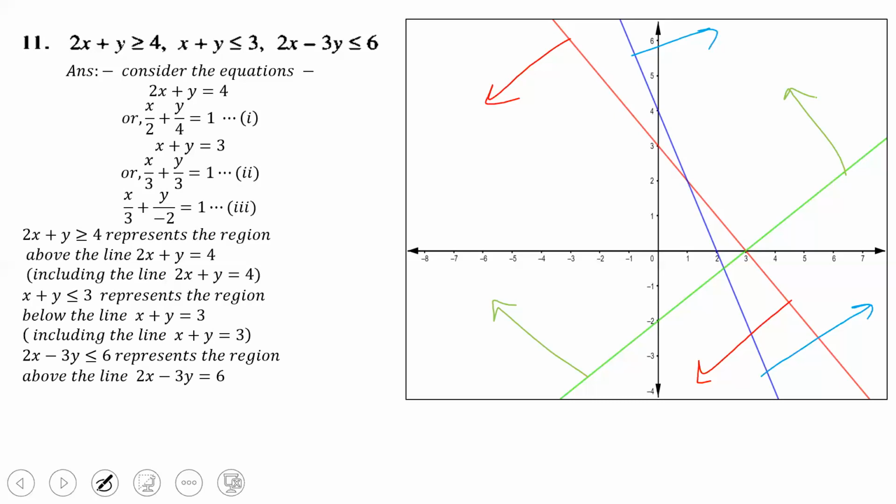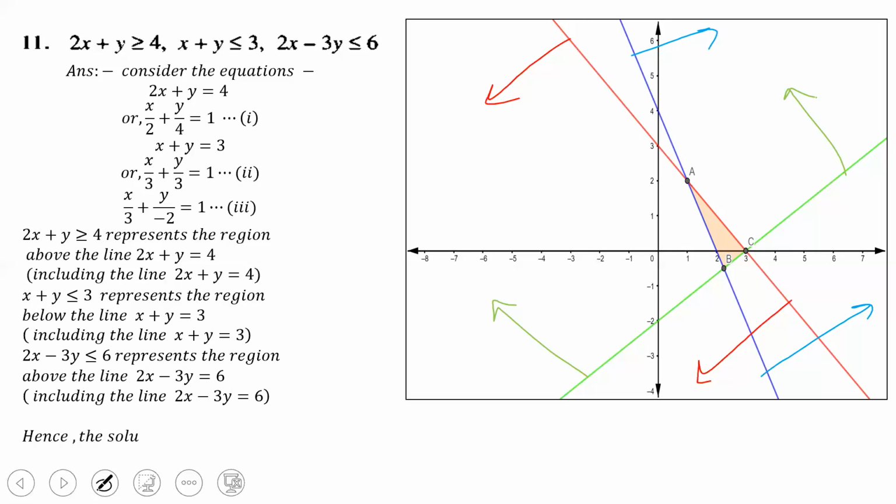Okay. Now you need to find the common region. If you mark the points A, B, C where the lines cut each other, this total shaded or colored region is the solution region for the given system of linear inequalities.